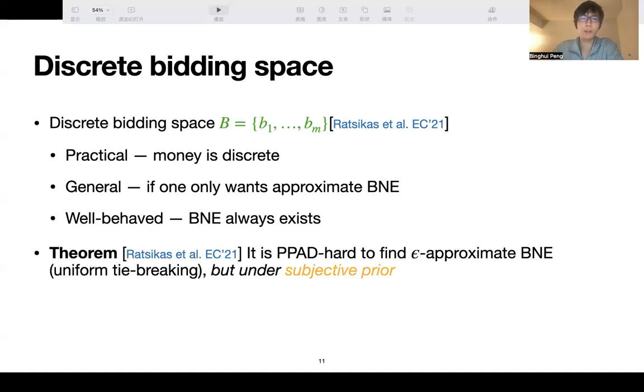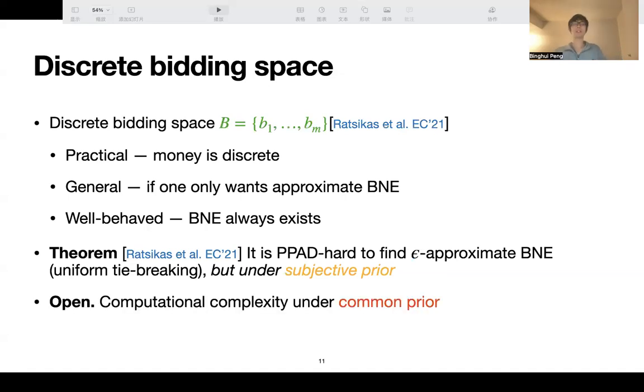That work showed it is PPAD hard to find an epsilon approximate Bayesian equilibrium for some constant epsilon, but under the subjective prior setup. In the subjective prior setup, each player has a different view of the valuation distribution. So strictly speaking, it's not a common Bayesian setup, because every player has a different belief of the value distribution, and most work in the literature considers common prior, as in our work.